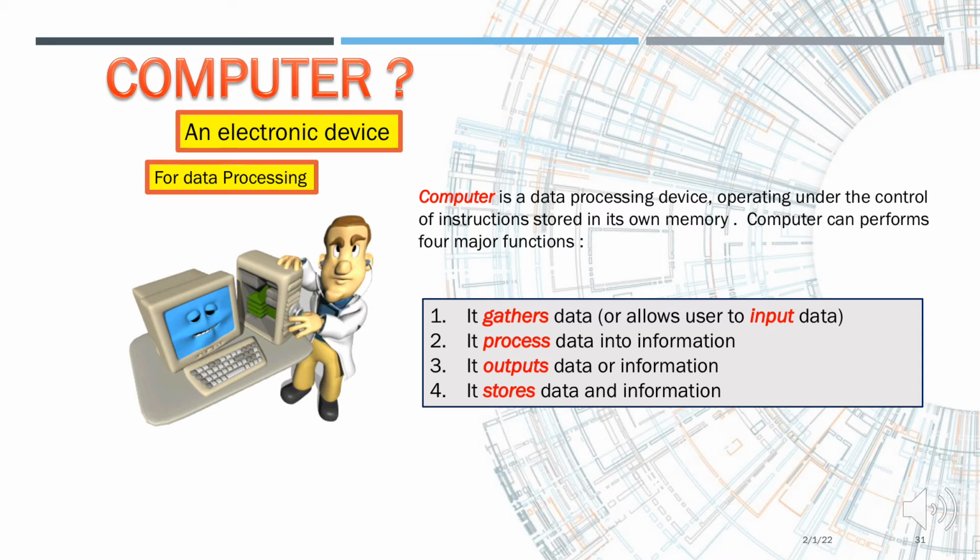Then after processing, they output the data through the monitor or the printer, for example, and the computer can also store the data. We will focus on the computer process in topic 2 later, which is the computer system, so you will learn in detail how the computer works.